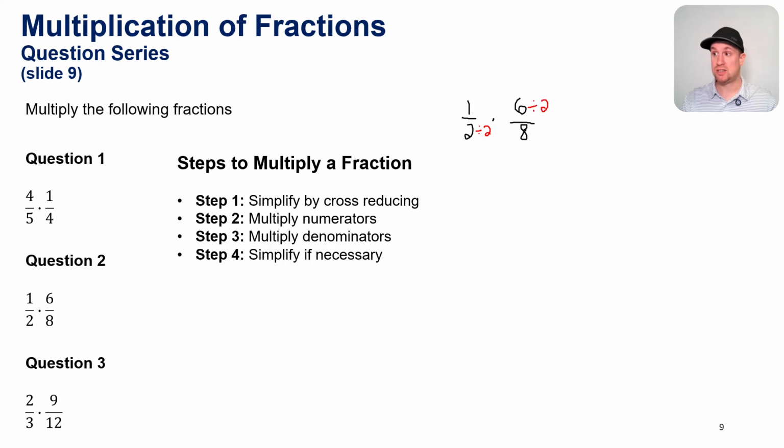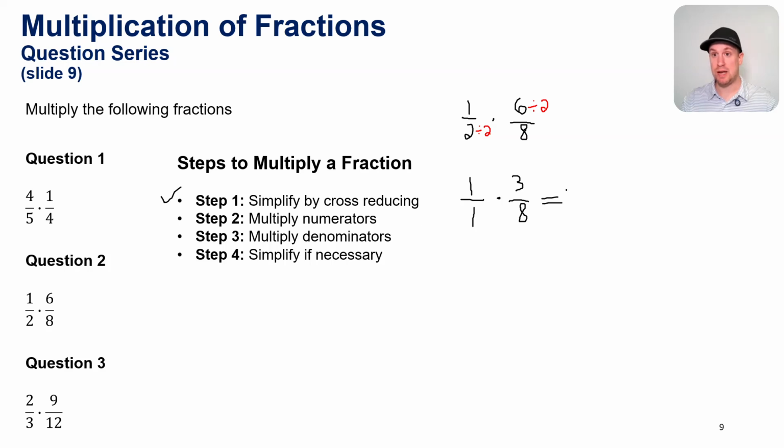Rewriting my fractions, I now have 1 in the numerator. 2 divided by 2 is also 1, times 6 divided by 2 is 3, and I have 8. Now I can multiply 1 times 3. So I've completed step number 1.